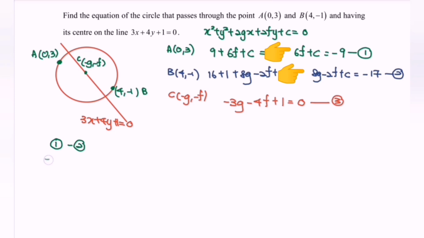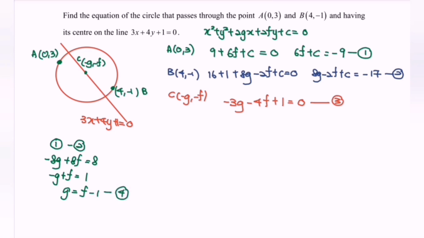Here we have negative 8g, 6f minus negative 2f, so we will have positive 8f. c minus c is 0. Negative 9 minus negative 17 is 8. Simplify, so negative g plus f equals 1. Rearrange, so g equals f minus 1. Here we have the fourth equation.